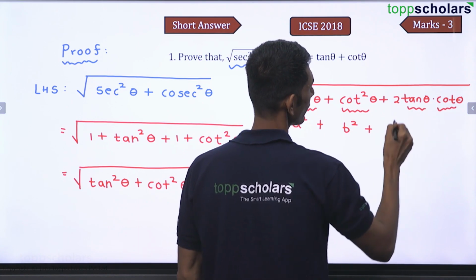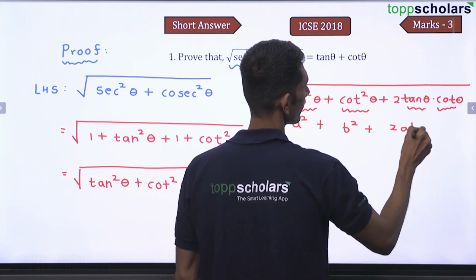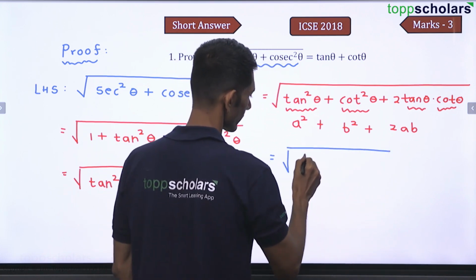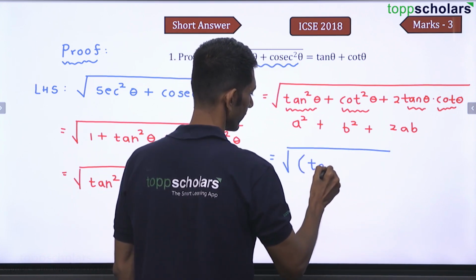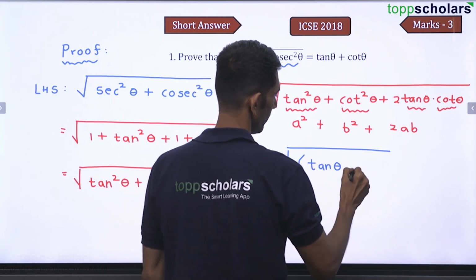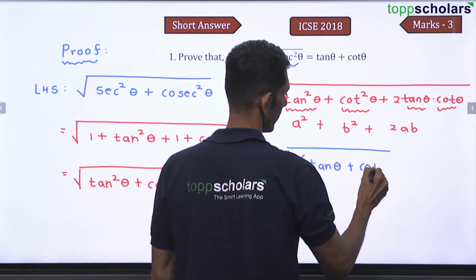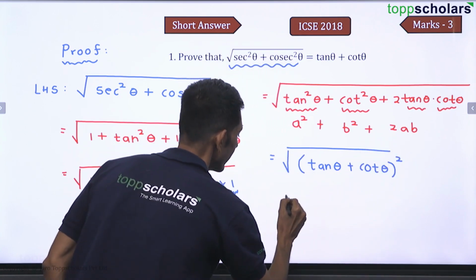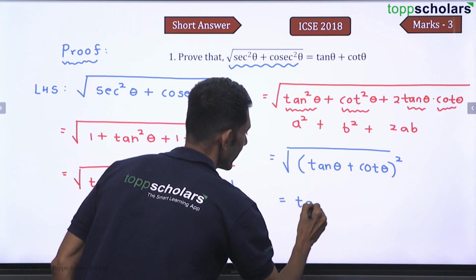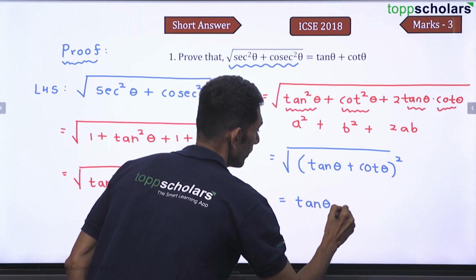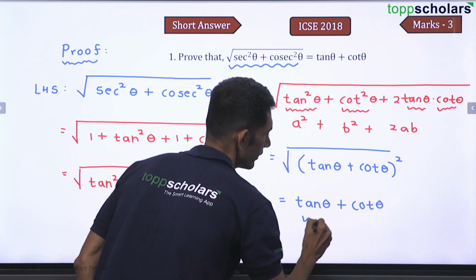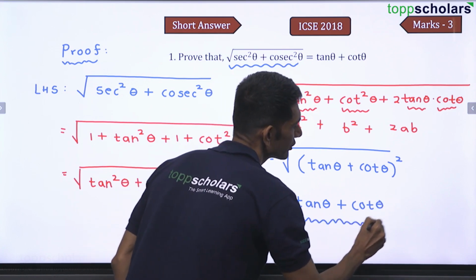Tan theta is a and cot theta is b. So further, this becomes under root tan theta plus cot theta, the whole square. Square root gets cancelled and ultimately you get tan theta plus cot theta. And can I say this is my RHS?